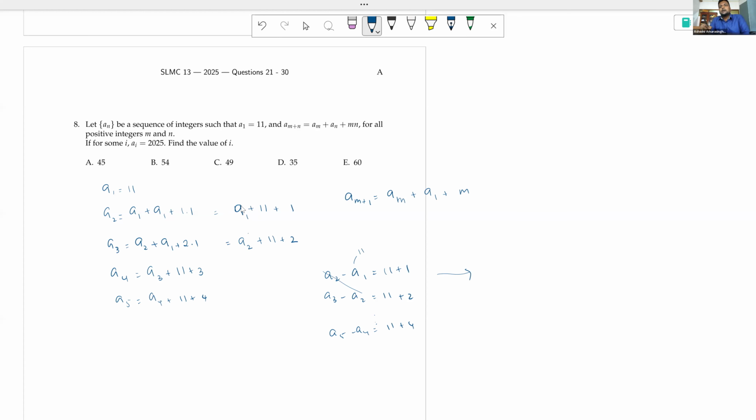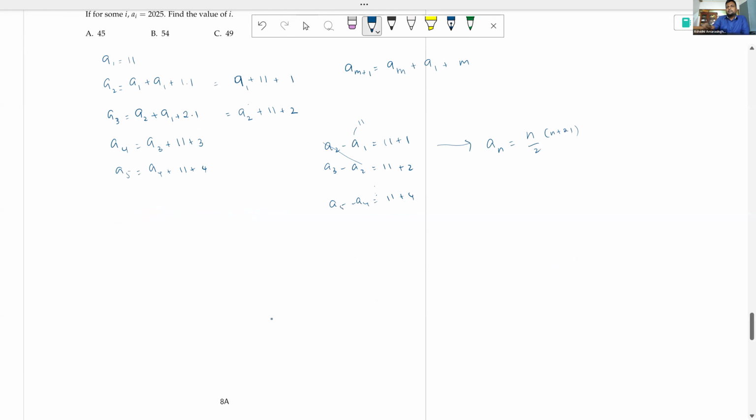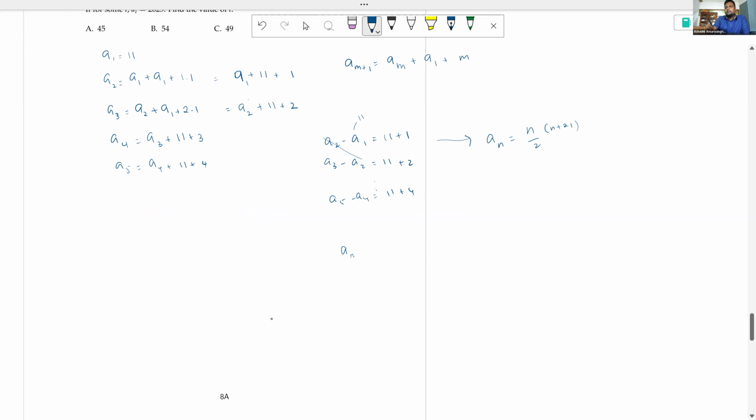So you should get An. Once you simplify, you should get n over 2, n plus 21. Okay, so there should be a fair bit of simplification involved here. Because you get An minus A(n minus 1) equals 11 plus n minus 1.